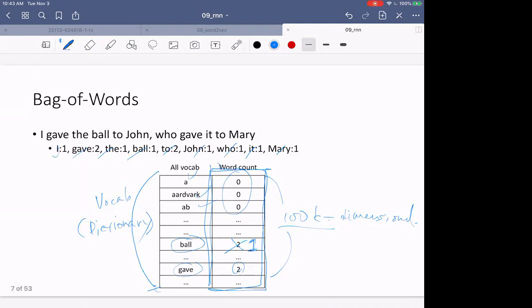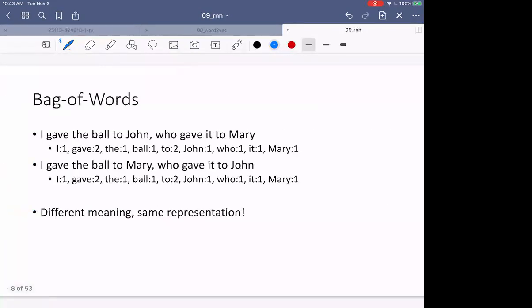And most importantly, take this sentence I gave. Sentence 1: I gave the ball to John, who gave it to Mary. Sentence 2: I gave the ball to Mary, who gave it to John. They are completely different sentences. The semantics is completely different, but their bag of words representation will be exactly the same. They're the same vector, the same 100,000 dimensional vector.